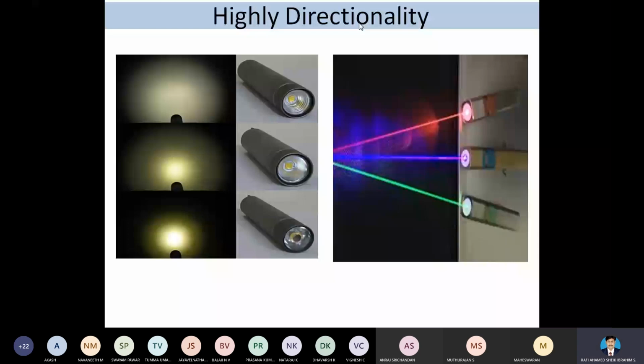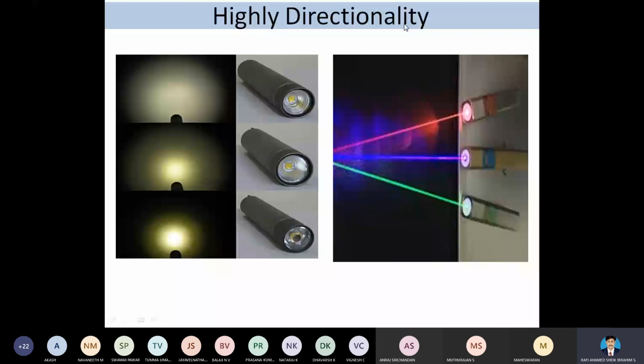See, on the left hand side you can see the ordinary light. We are using a torch light. On the right hand side we have taken a laser pointer. The first characteristic is high directionality.